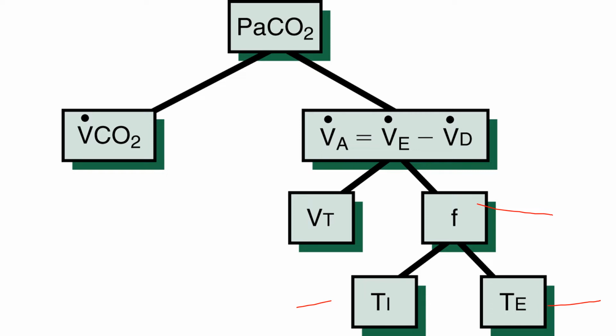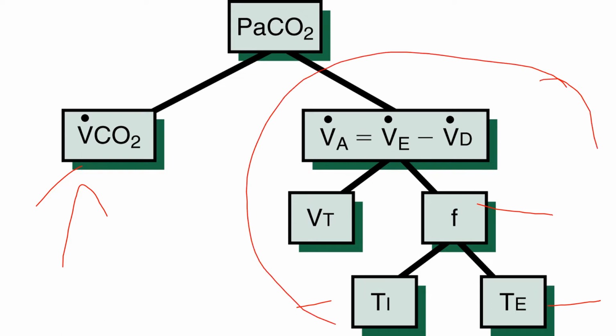So when we're looking at how to help these patients that have high CO2s, it could either be that CO2 production or a minute ventilation component. And traditionally, we're going to focus in on this minute ventilation component from the ventilator standpoint.